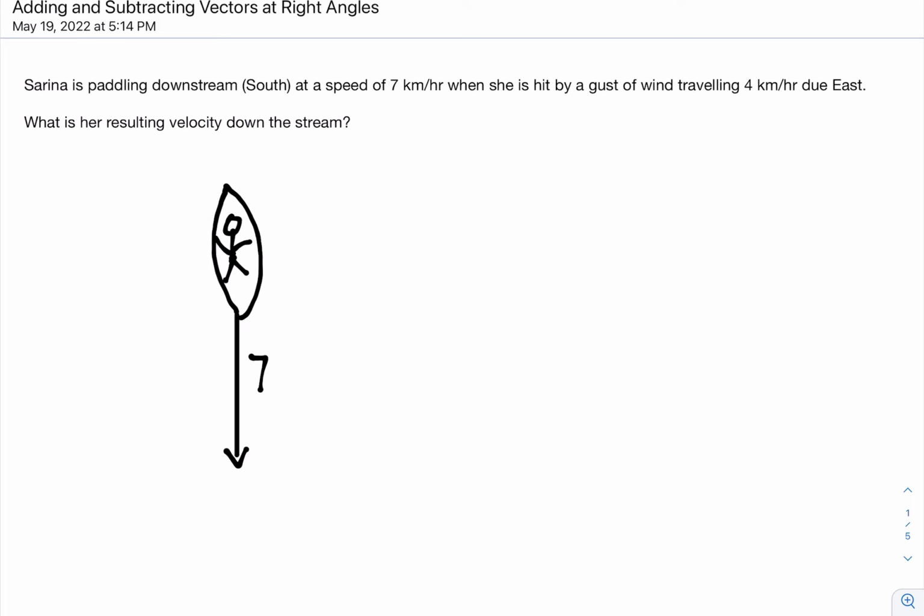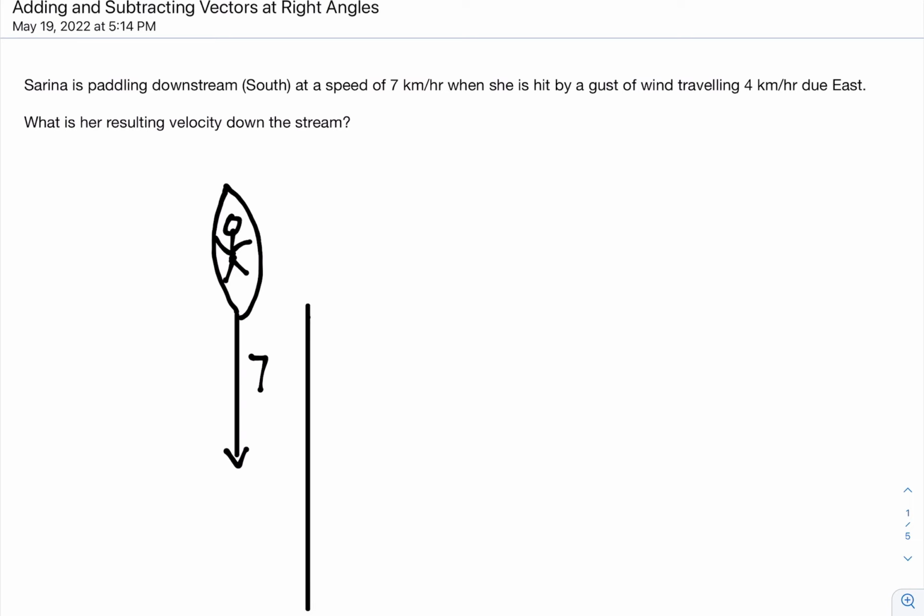So vectors are anything that have a direction and a magnitude. The direction is just the direction that the vector, the force, or whatever it is, is pointing. And the magnitude is how long or how powerful it is, in other words, the length of that vector. So if you're traveling at 30 kilometers an hour, the vector to represent this will be much longer.